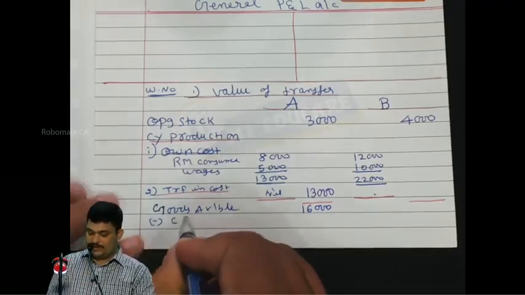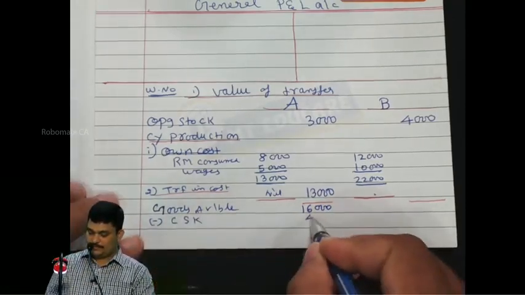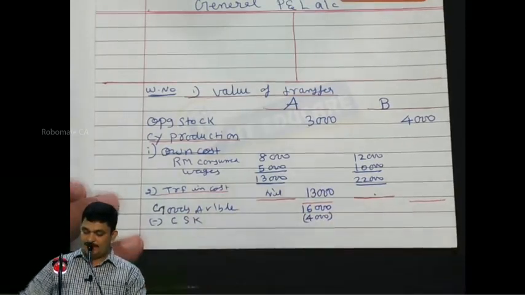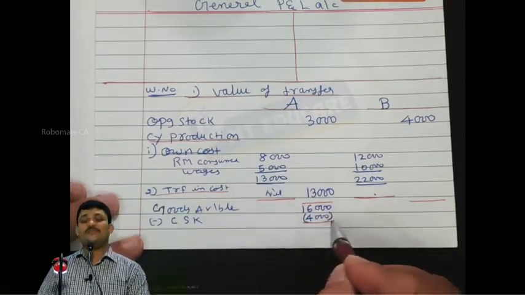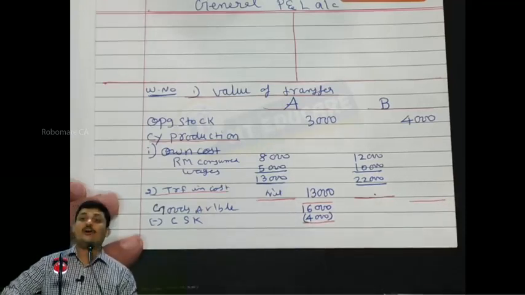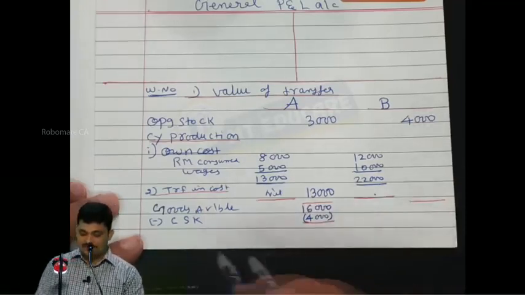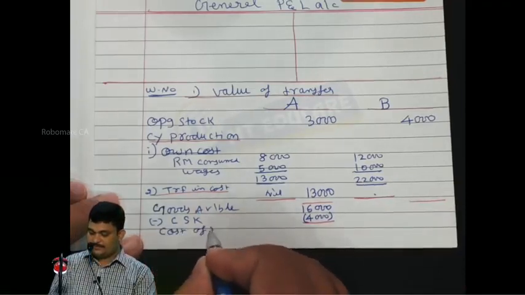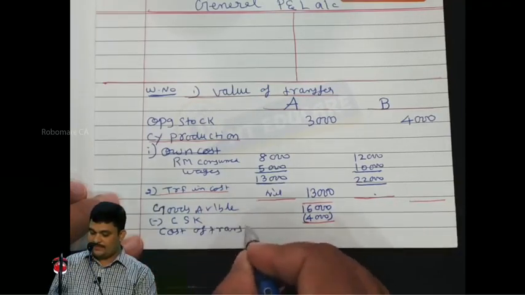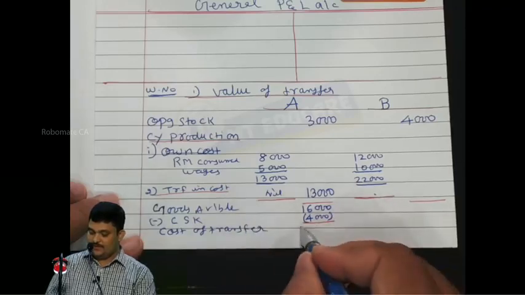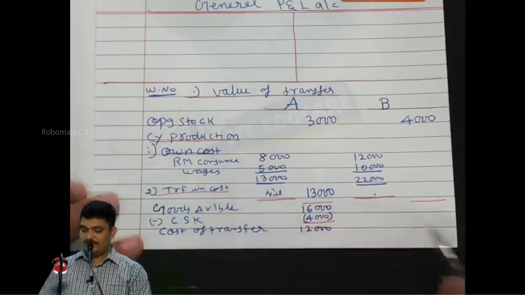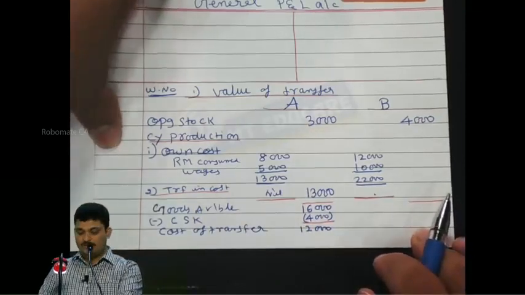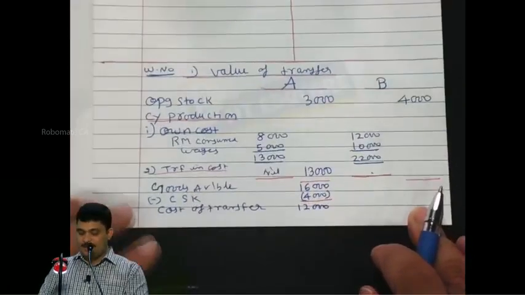So closing stock, which means the balance is the transfer made by A at cost price. So this is called the cost of transfer. What is it? Cost of transfer. How much? 12,000. But A does not transfer the goods at cost price. It is transferring at a margin.